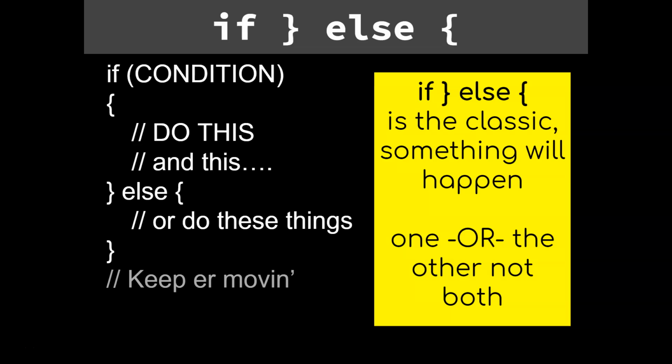But now we're adding something new. After we end the block, we're adding the word else, and then we're opening up a new block. In this if-else setup, one condition will run or the else condition will run. One or the other will happen, not both.